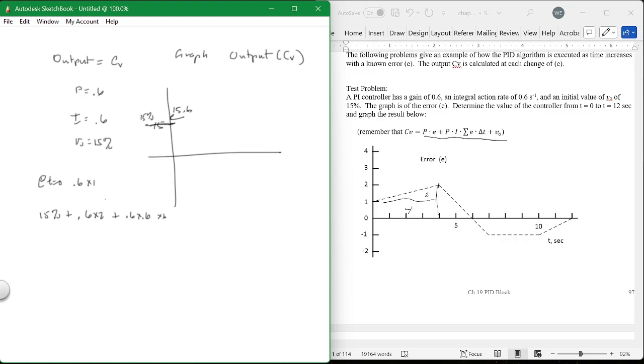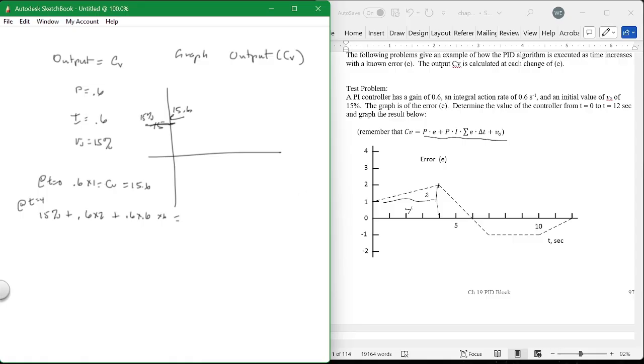So at t equals 0, the output CV is equal to 15.6. At t equals 4, it's 15% plus 0.6 times 2 plus 0.6 times 0.6 times 6, which is equal to a number, and I'm not going to figure out what that number is, but there you go. That's how you do it.